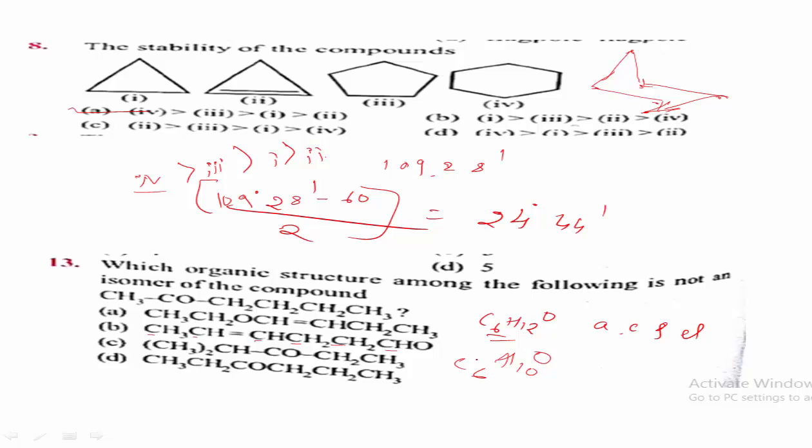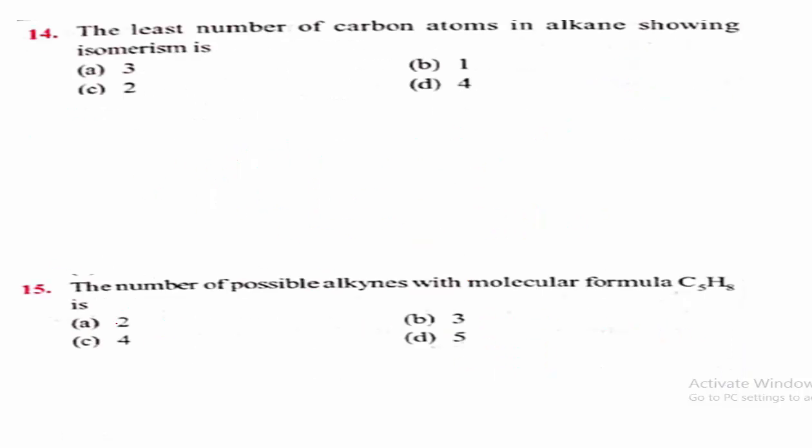Okay students, remember, the structures of the given compound A, C, D have the same molecular formula C6H12O, while B has C6H10O as the molecular formula. Therefore option B is not an isomer of the given compound. Therefore the answer is option B. Option B is the right answer.